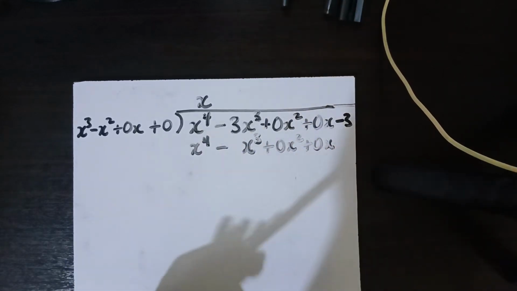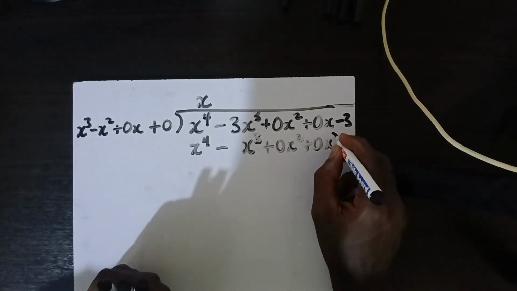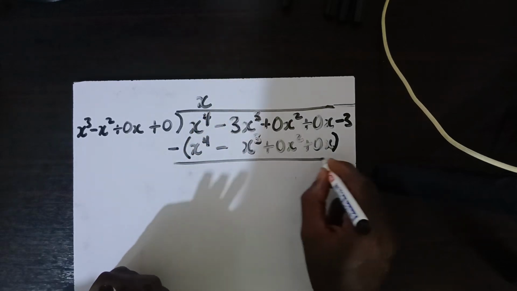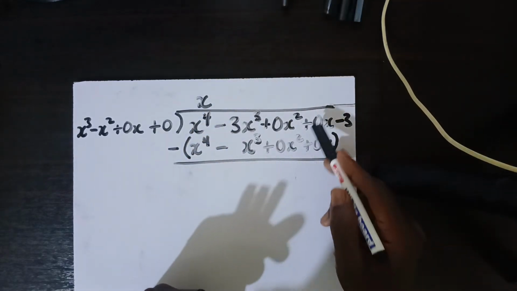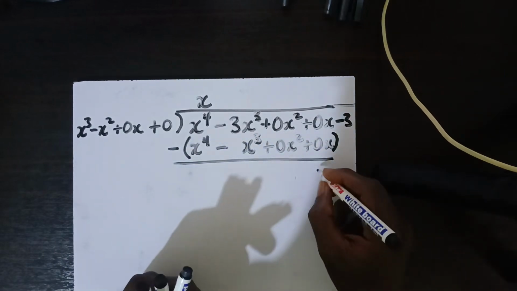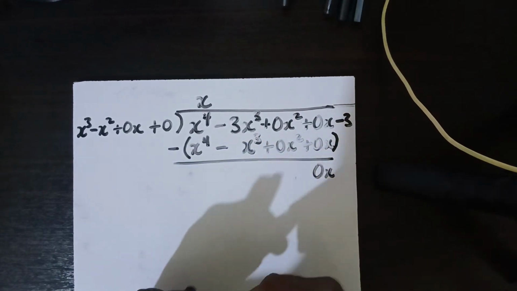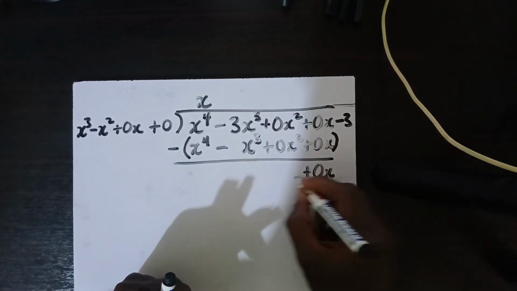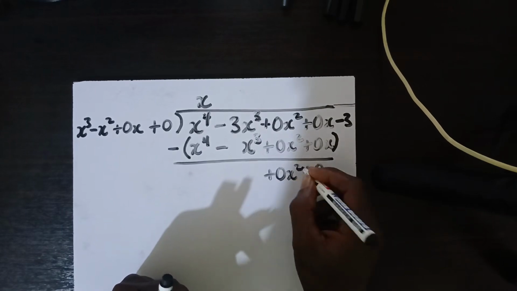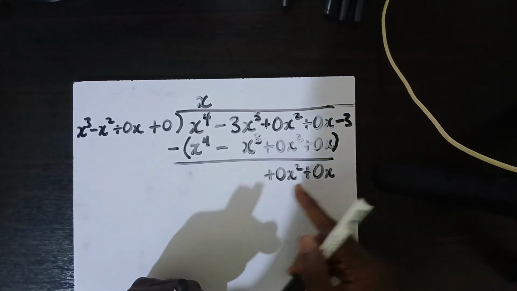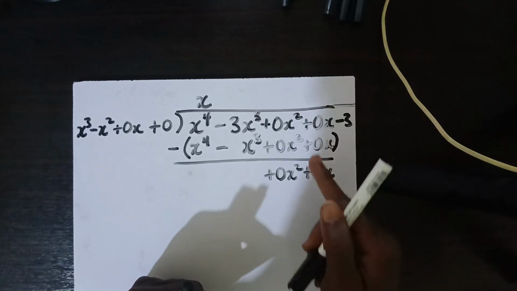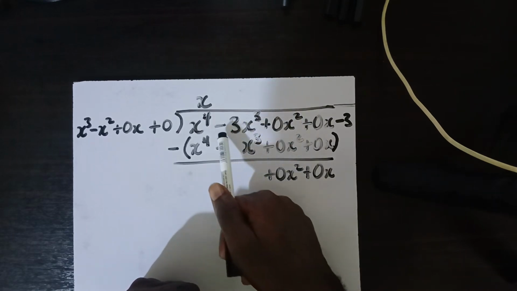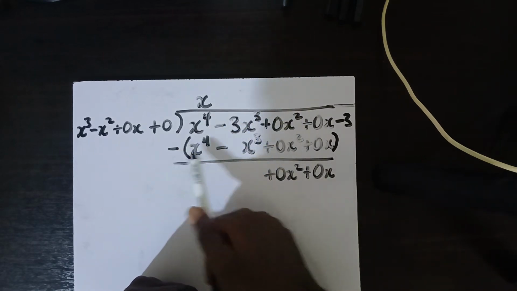Alright. So now we can indicate our bracket and bring our minus sign. Then we do our subtraction. You know that 0 minus 0 is still 0. So we have 0x here. 0x squared minus 0x squared is also still 0. They are just placeholders. Remember that 0 is just a placeholder in the number system. We have negative 3x cubed minus x cubed.